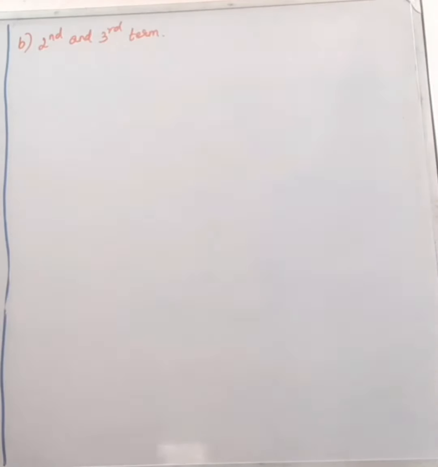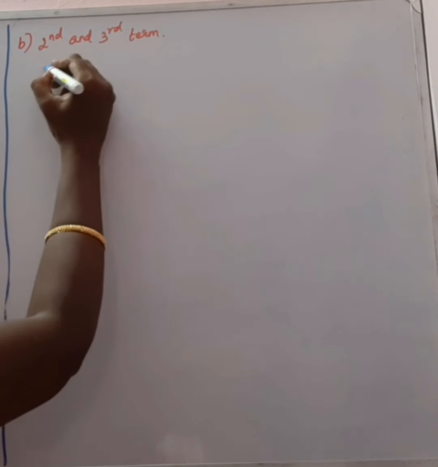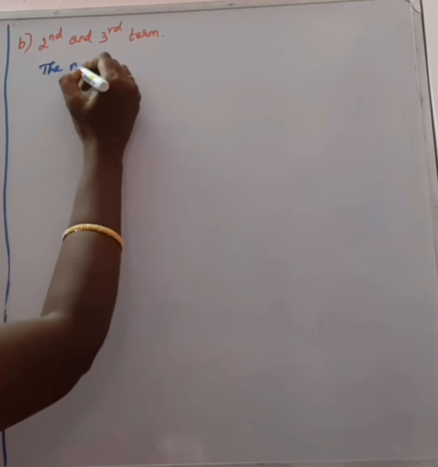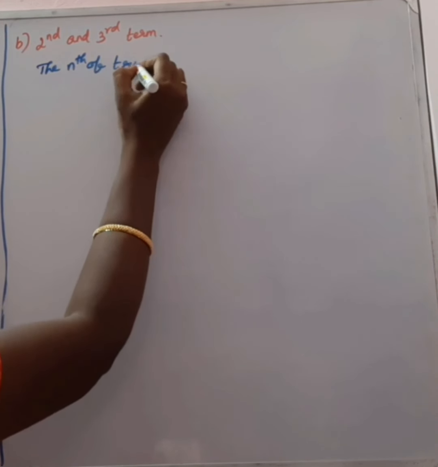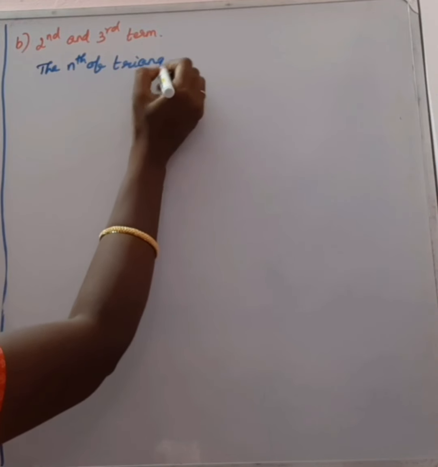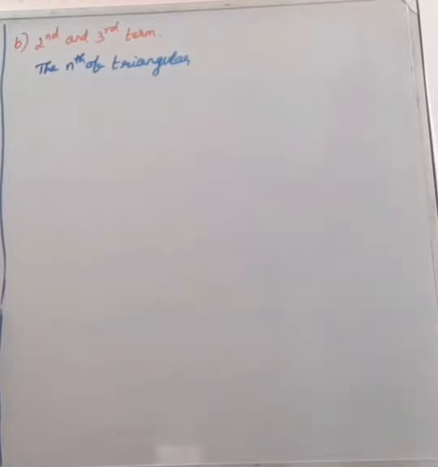Whatever we saw in the last sum, we want to continue in this sum. Okay. So what is the second sum? Second and third term. So first step we want to write, very good, the nth term of triangular series. Sorry, I wrote here as n.